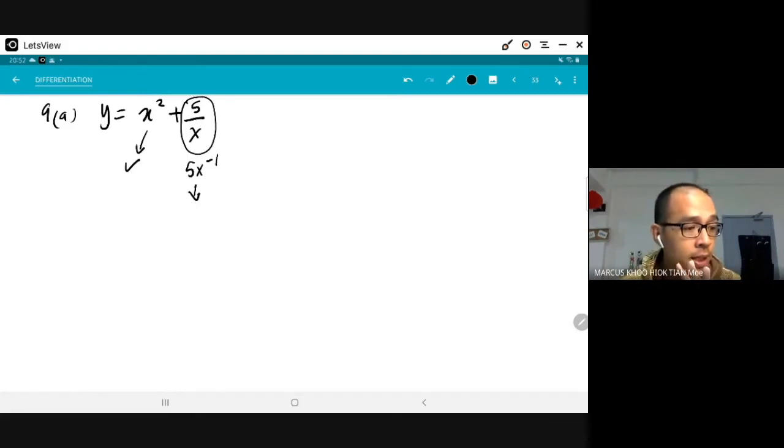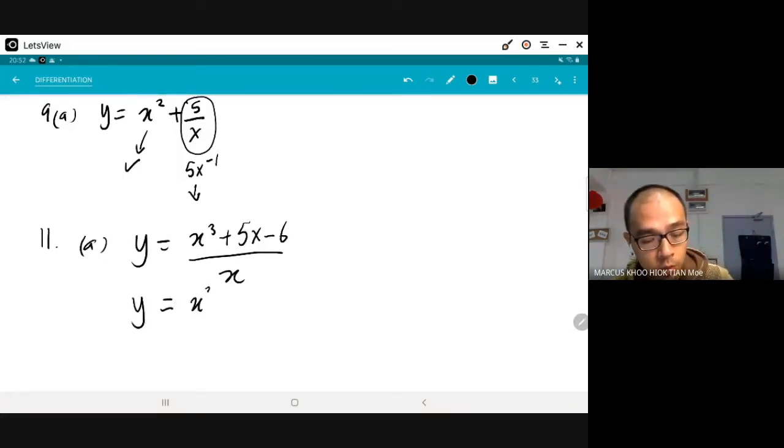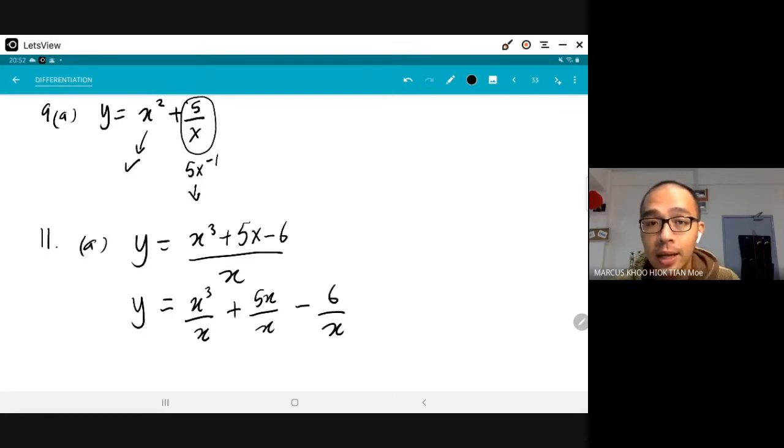Then question number 11a. Sometimes you will get this kind of funky function like this: x cube plus 5x minus 6, all over x. In situations like this, what you can do is split the whole thing up. So this will be x cube over x plus 5x over x minus 6 over x. Then you find that you can actually simplify them one by one.